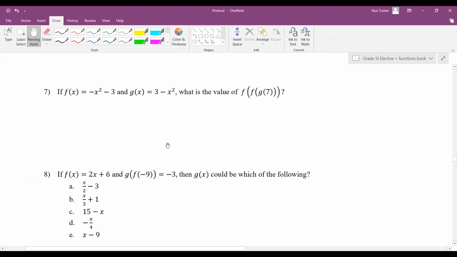7. Okay, take a look at 7. Now what you're going to do with 7, we've got the f function and we've got a g function here. When you do these problems, you need to go right into the middle first. So start in the middle.